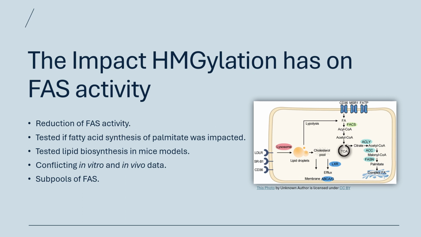And this is the reason for the conflicting data between the in vivo and in vitro experiments. And so they performed an experiment to see if fatty acid synthase was directly interacting with HMG-CoA reductase, and they found that yes, they were.